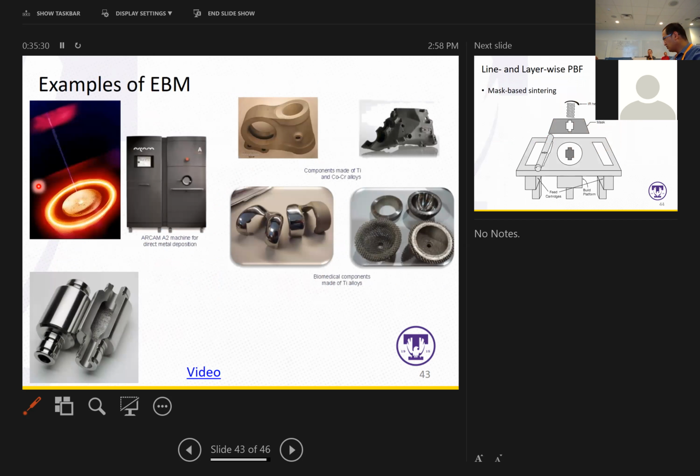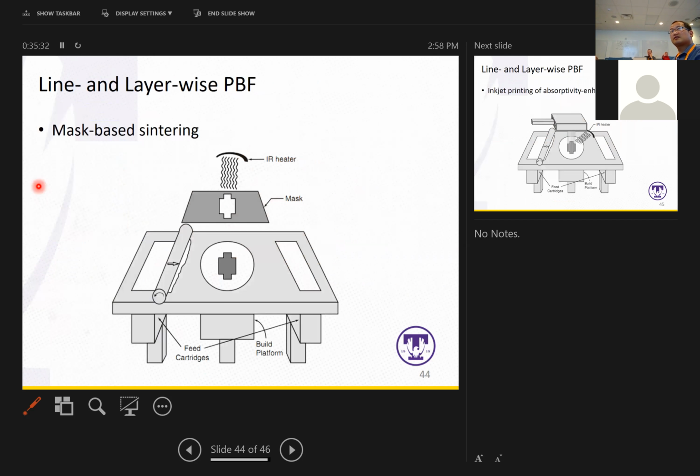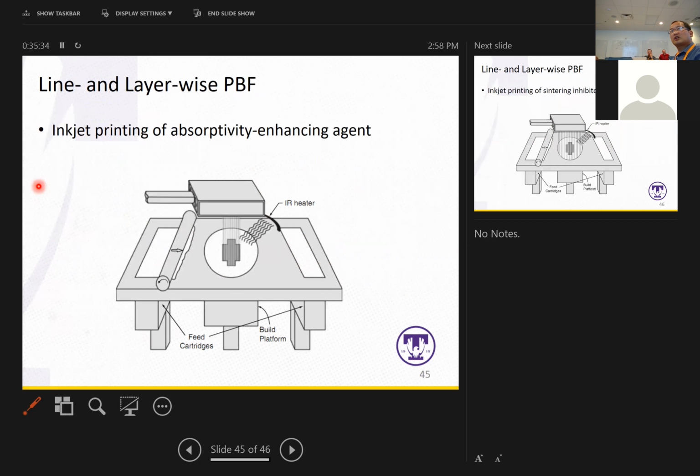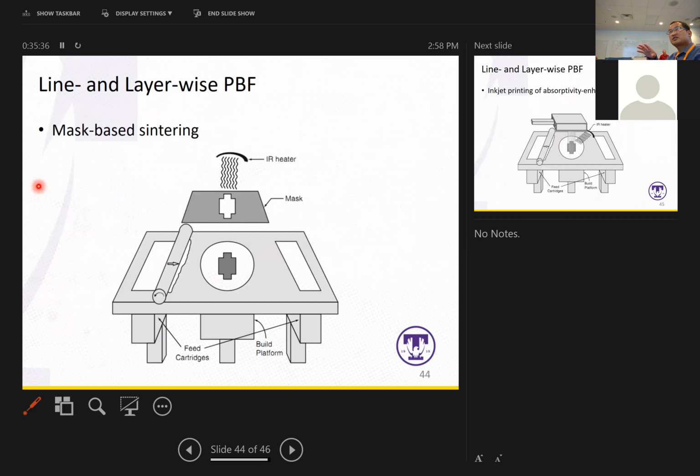All right. I think here shows some examples for that. I will skip the video. You could check it later yourself. And okay, let me finish this. Maybe use a little more time to finish this whole PowerPoint. So there are different ways for either laser or E-beam to form the patterns.